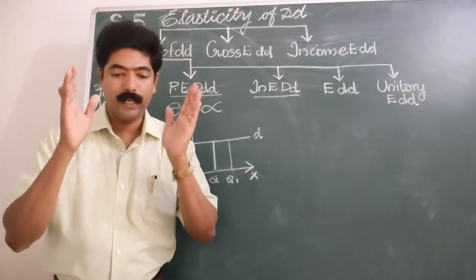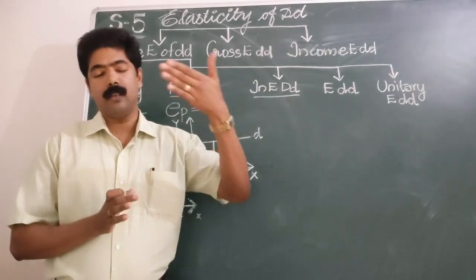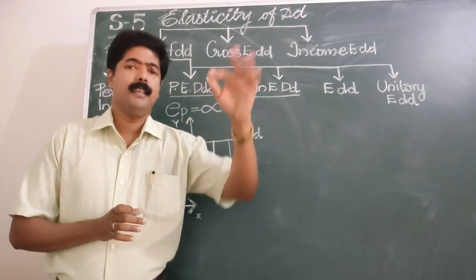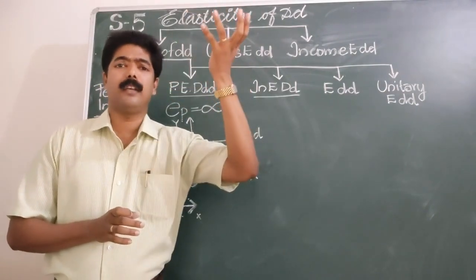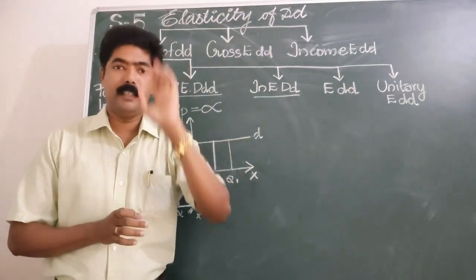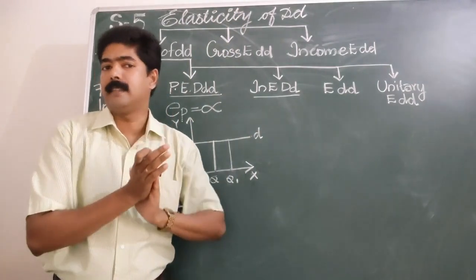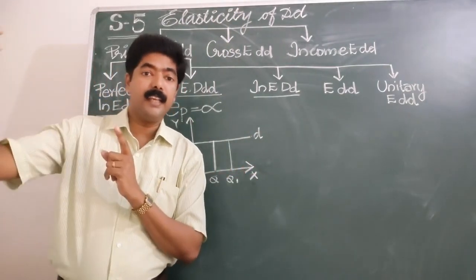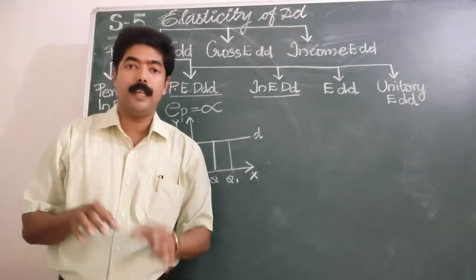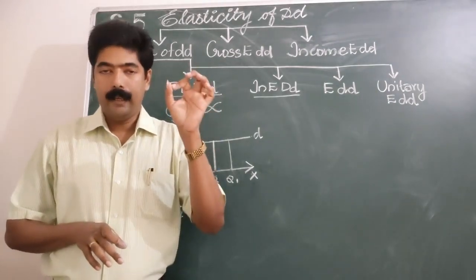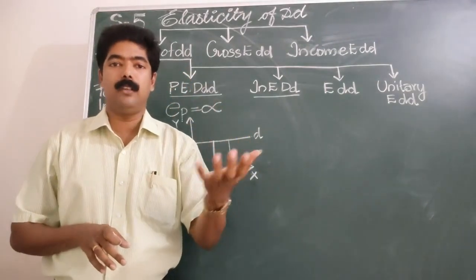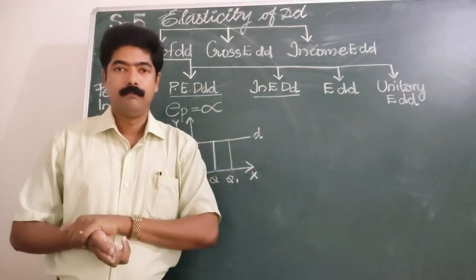Suppose the price of a commodity changes by 10% from the initial price, either decreasing or increasing. That leads to a change in quantity demanded that must be less than 10%, that means 8% or 7%.